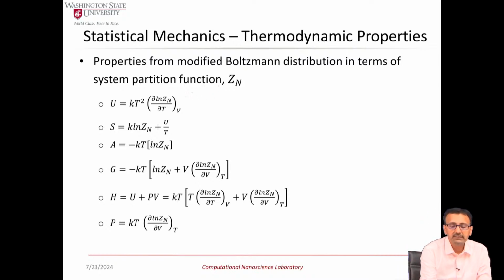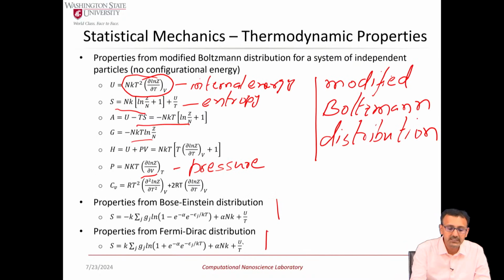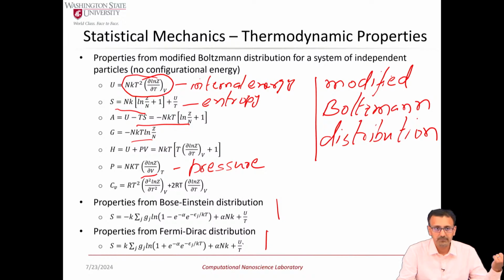That is known as a system partition function designated by uppercase Z subscript n, referring to a collection of n particles. If you just have Z, simply Z, that just means Z1, meaning one particle. The different energy contributions are coming from the internal degrees of freedom: the rotational energy, the vibrational energy, the electronic energy, the electron spin energy, or the electrons going around the nucleus.